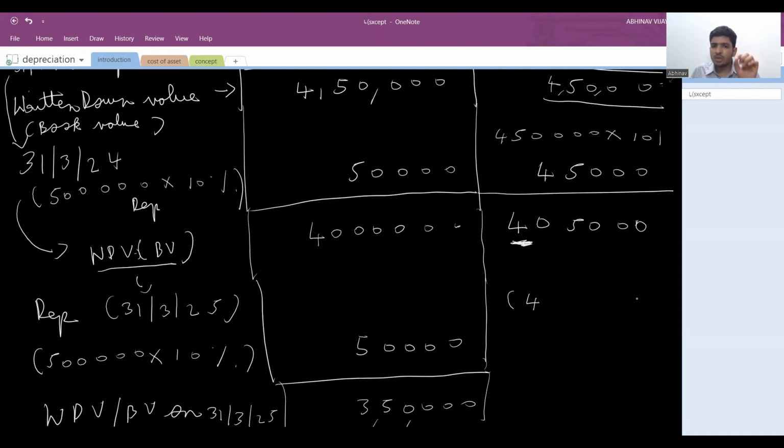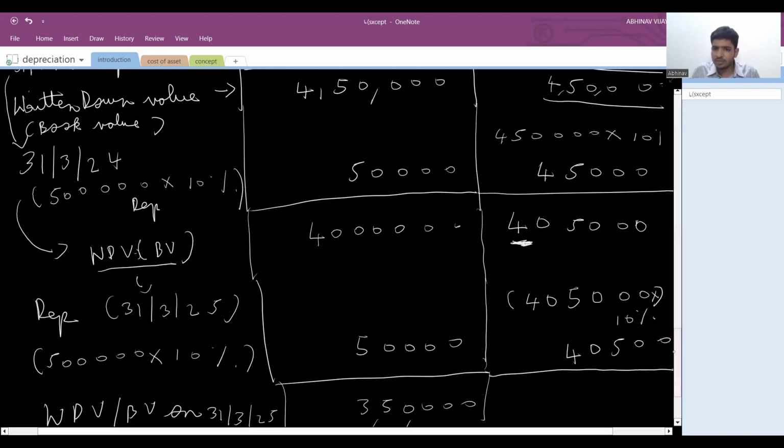If 4,05,000 is the written down value or book value of the machine on 31st March 2025, then on 1st April 2025, that is the start of the next year, the value will be the same. On one day, the value doesn't change. So depreciation is charged on the value of the asset on the first day of the year. That is, 40,500 is the depreciation for year 3. Correct?